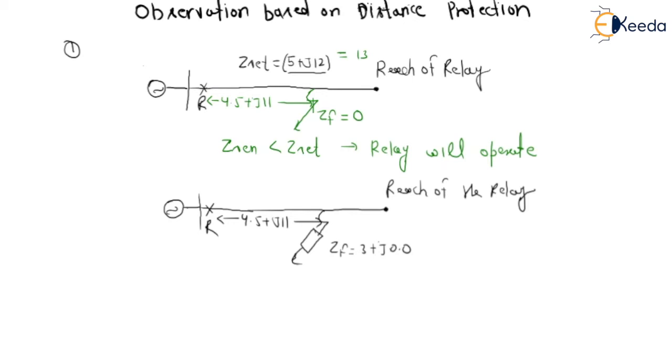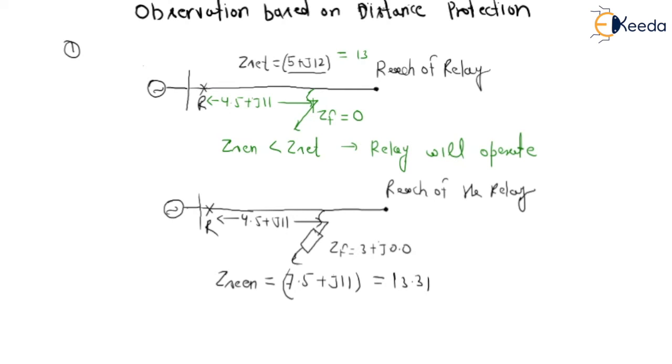Simply our answer should be that this is under the reach of the relay, so it should operate. But we will see what is actually happening. When you see clearly, Z seen will be 4.5 plus 3 resistive part, so it becomes 7.5 plus j11. Z seen will be nearby 13.31.